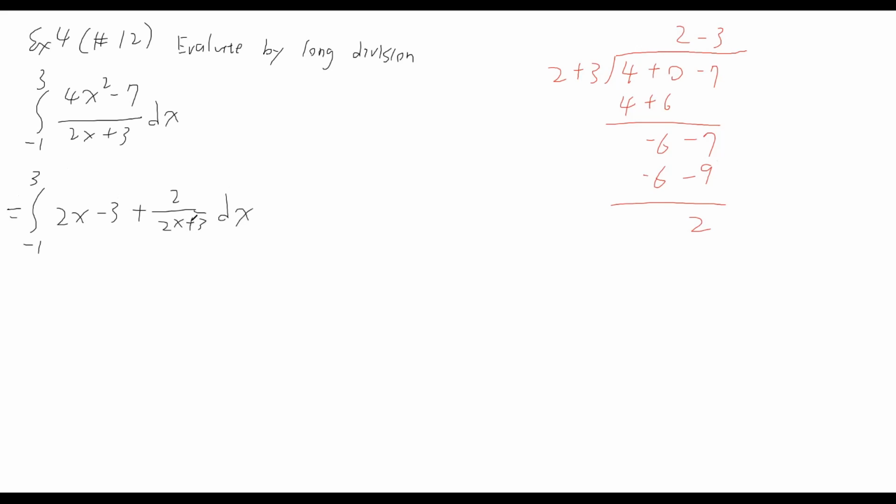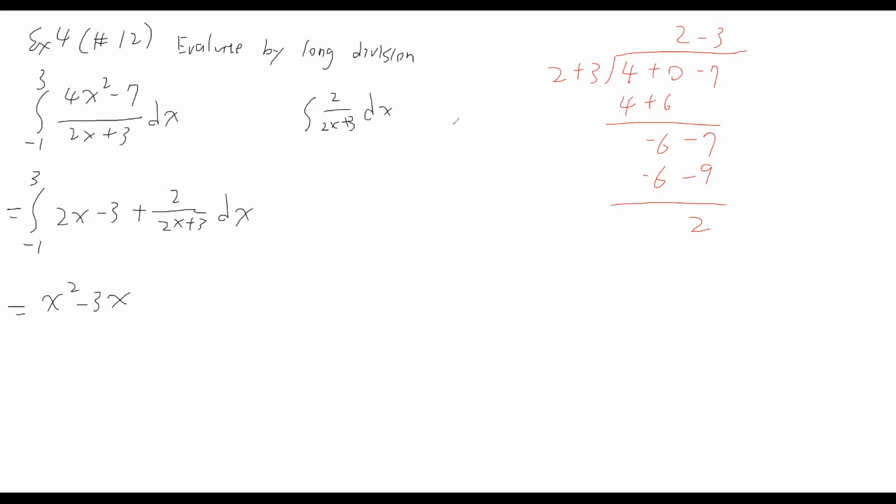Okay. Now, after long division, you'll see that this is actually a very nice polynomial here, and then a quotient here, but they are fairly easy to integrate, right? So first one, that's just going to be x squared minus 3x. And this one is actually one of the natural log ones. So I push down 2x plus 3, and then the 2 here is your chain rule, right? So actually, let's just work it out on the side.